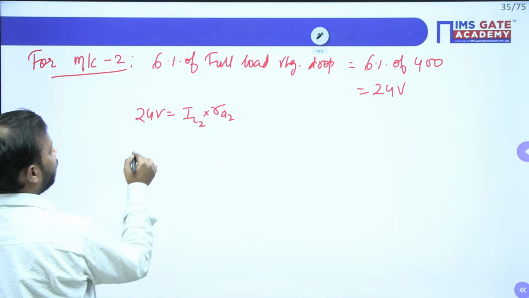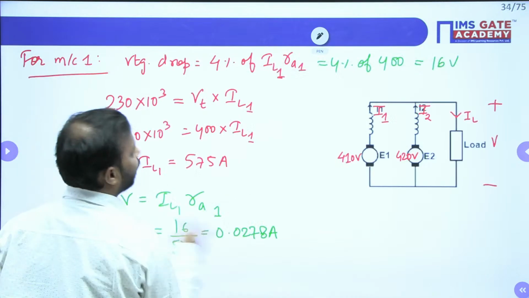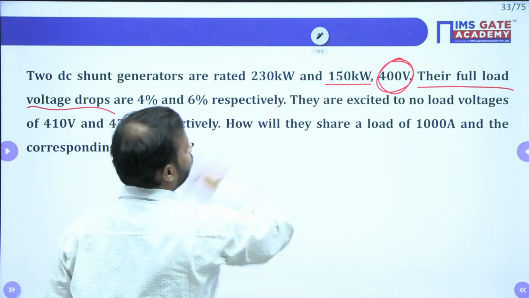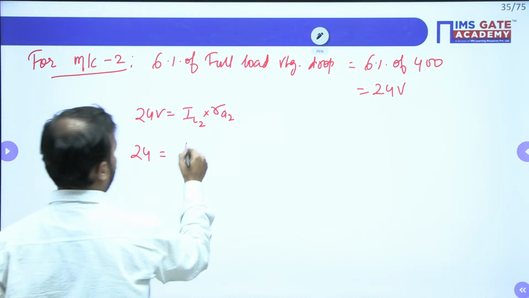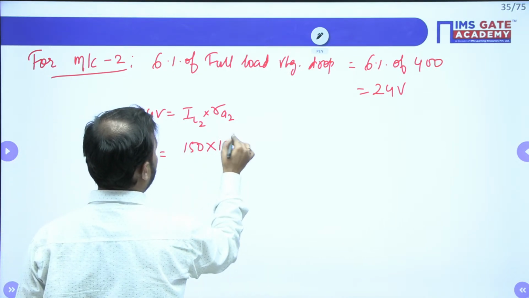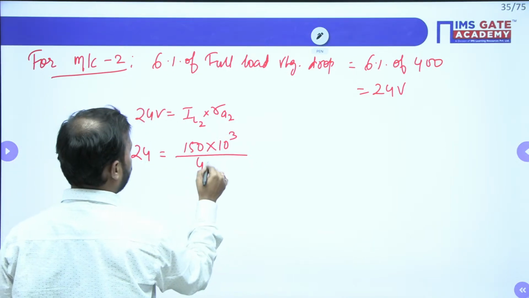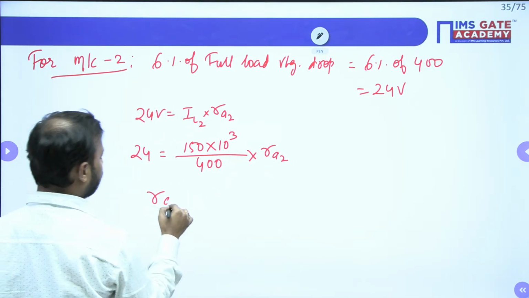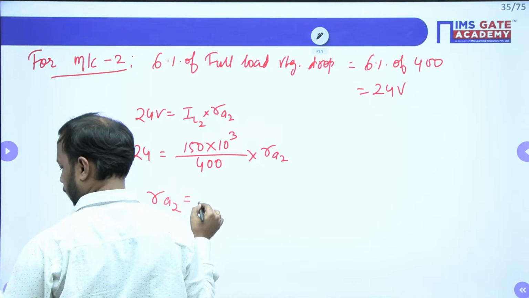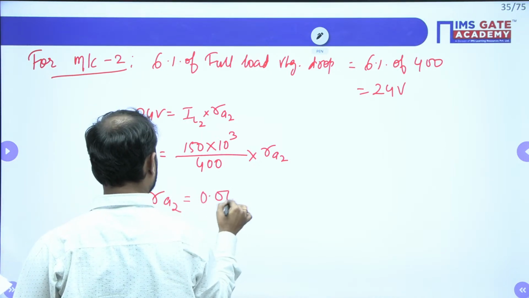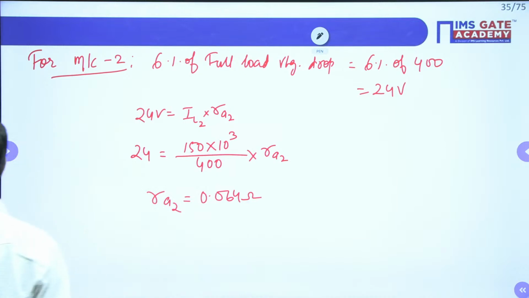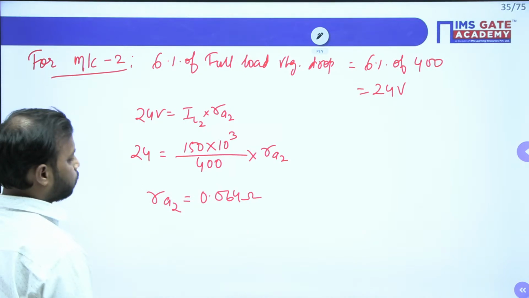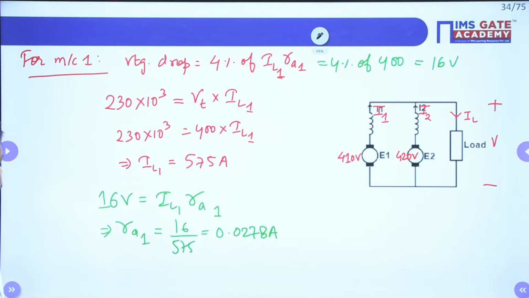How to calculate IL2? The rated value given for the second generator is 150. So 150 into 10 to the power 3 divided by 400 into RA2. So from here RA2 is equal to 0.064 ohm. Done. So we have RA1, we have RA2.